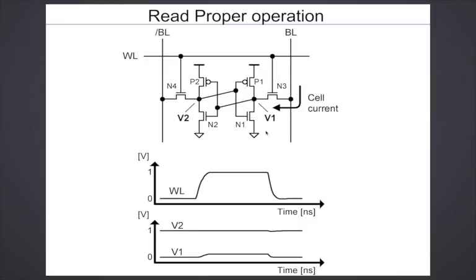Now when current flows through this, clearly you need to have a non-zero VDS across N1. So you see V1 will go up a little bit depending on the amount of current and the resistance. So this is the proper operation for a read. After the word line goes away, again everything goes back to where it was before.